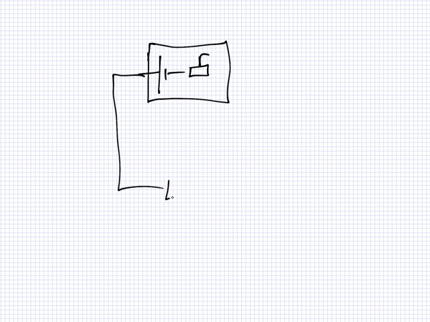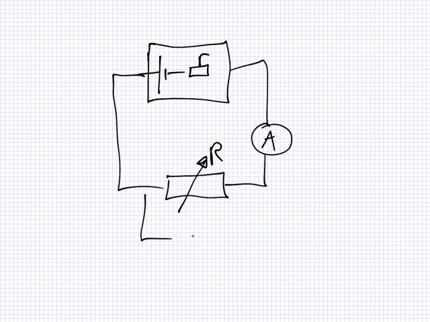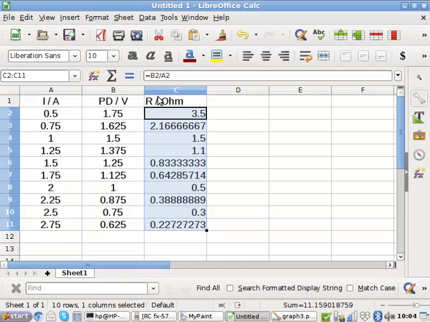And then you have a resistor here, which you're changing. And here is the ammeter. And here is the voltmeter. And this changes. And actually by using the triangle, you can see the different values of R I must have used. Okay, so you're happy with that one then.